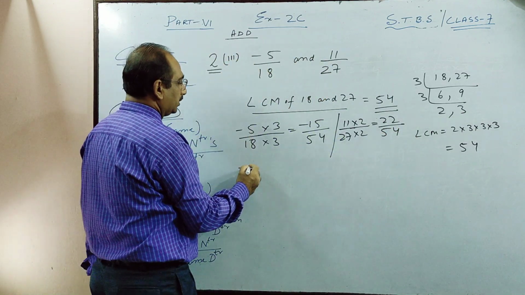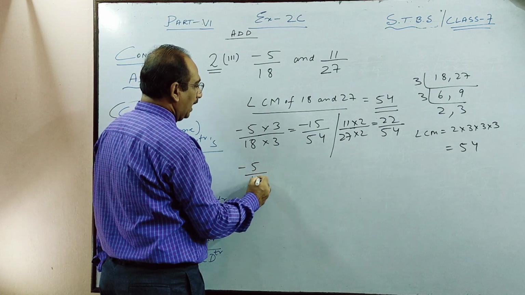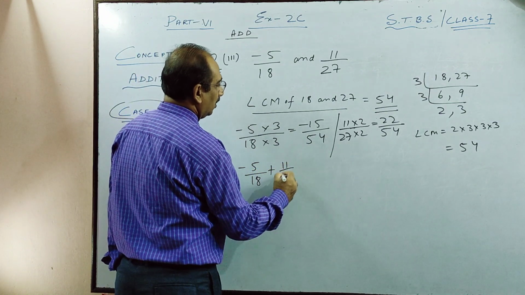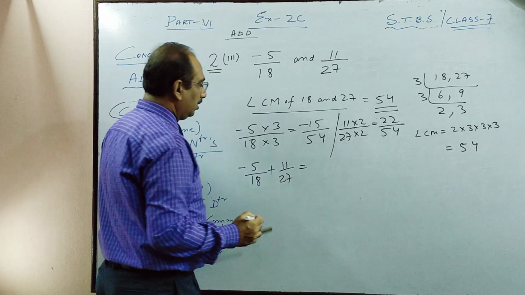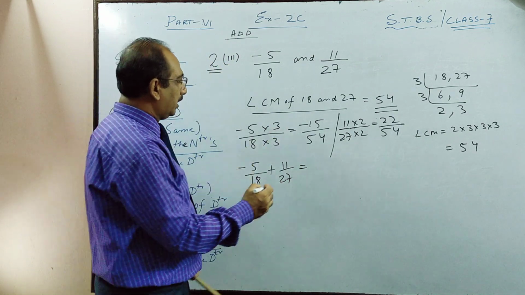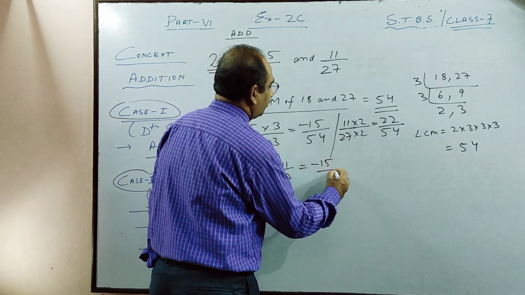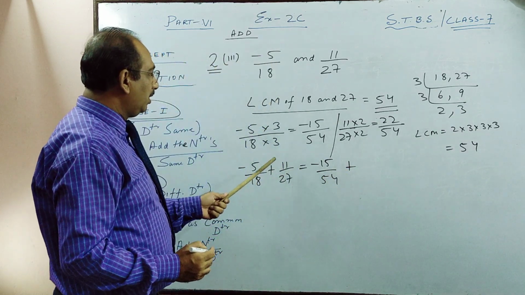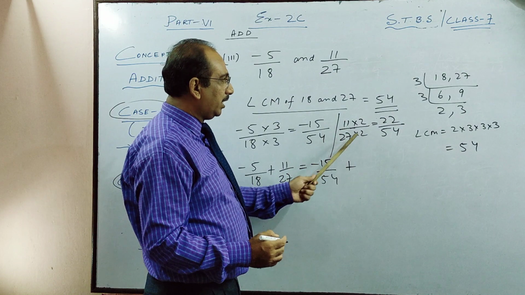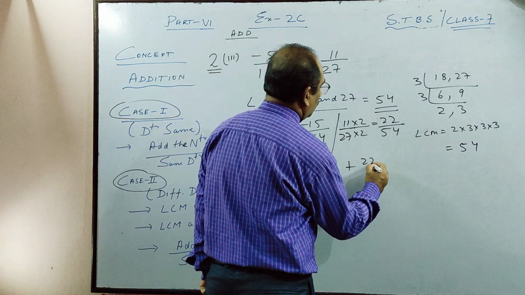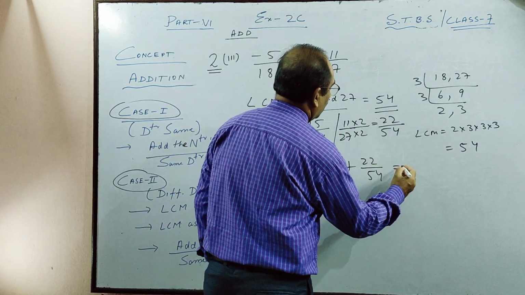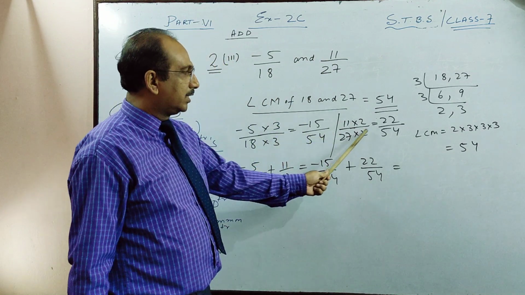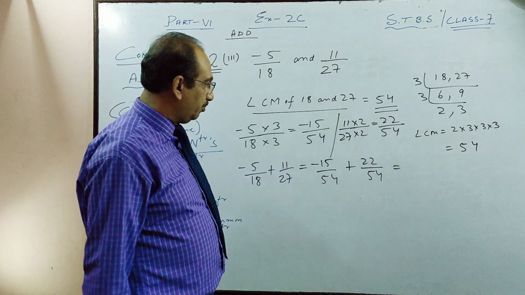Now the question is saying add them. So what I do, children, in place of minus 5 by 18 I write minus 15 by 54, and in place of 11 by 27 I write 22 by 54. These are both equivalent fractions with common denominator.